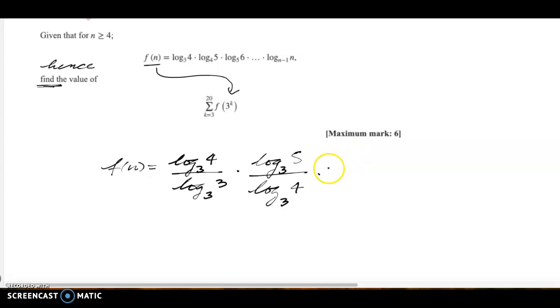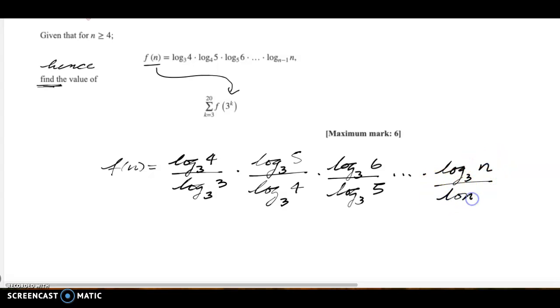You can already see a pattern developing with this. So you need the change of base here. Dot, dot, dot, times, again, log base 3 of n, all over log base 3 of n minus 1.